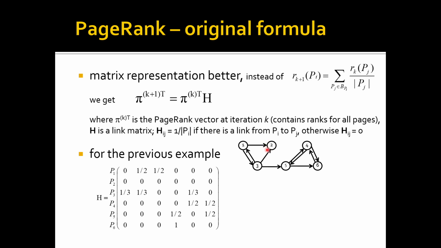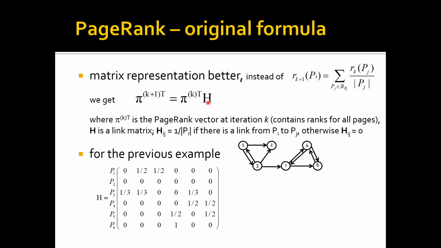So we get this matrix H, and then the second component of this formula is a vector pi, which is basically a vector of the PageRank of all of the pages. And we can then reformulate this formula into the matrix one.